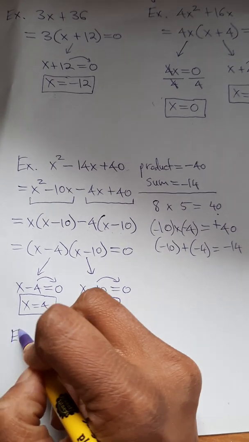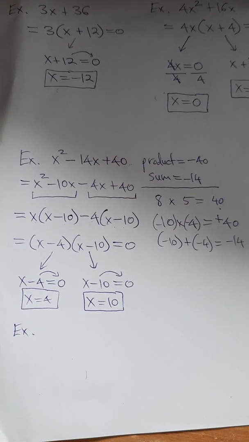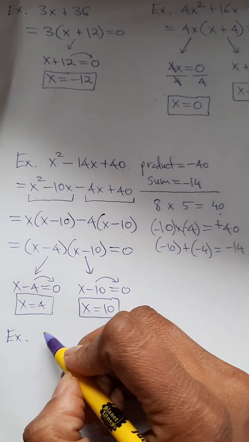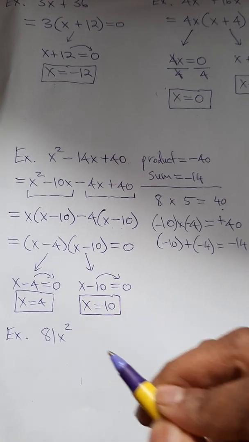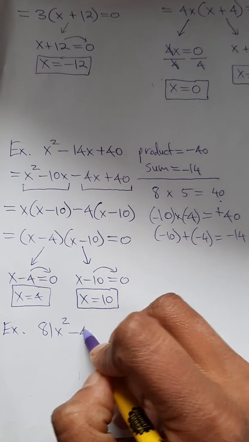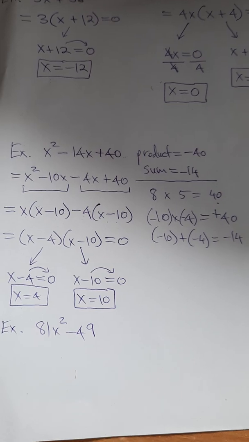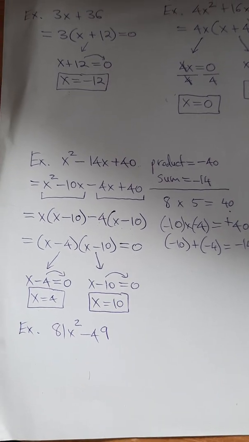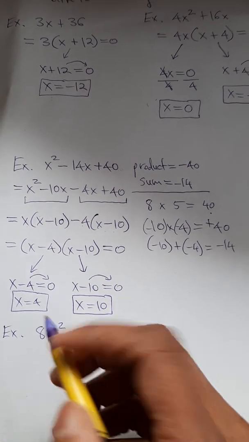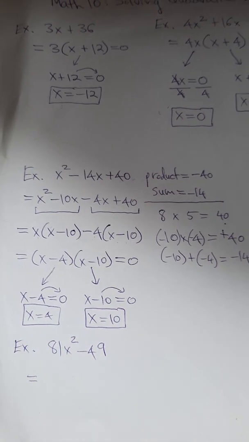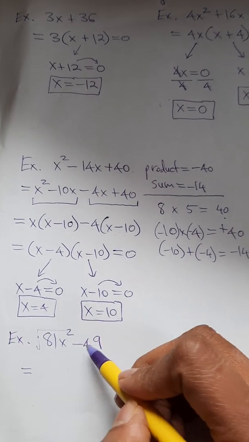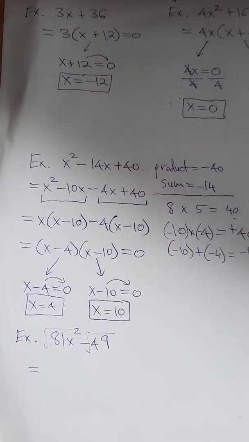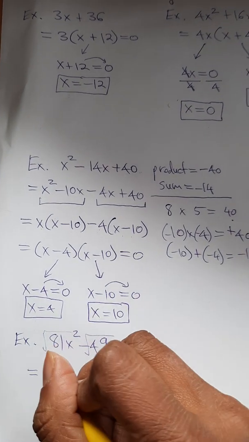So with that, let's try a final example here. So let's try 81x squared minus 49. So we're doing a simple example here. I see this is the difference of squares. What you're going to do is basically take the square roots of both of these numbers here, and I notice they're perfect squares.